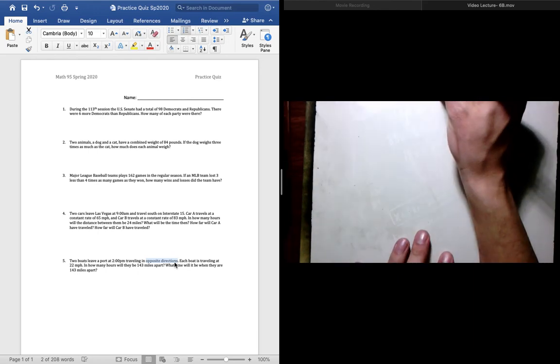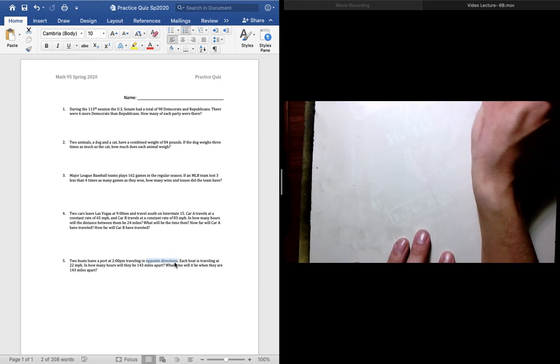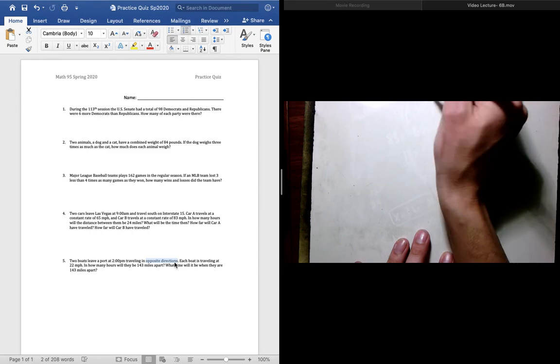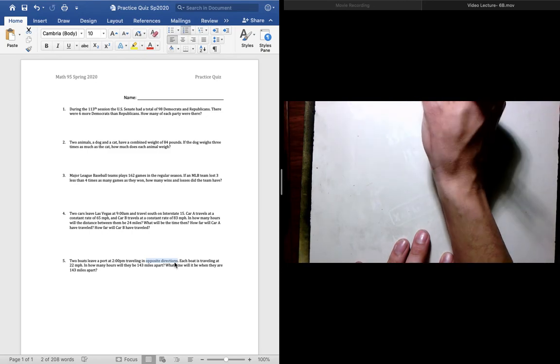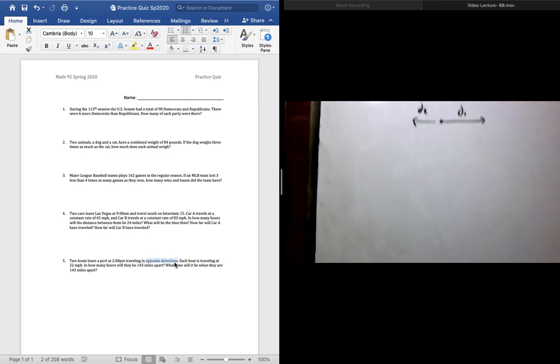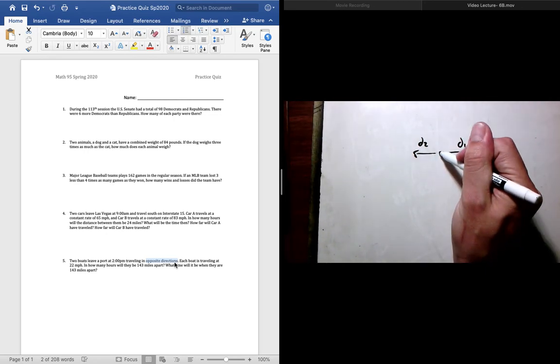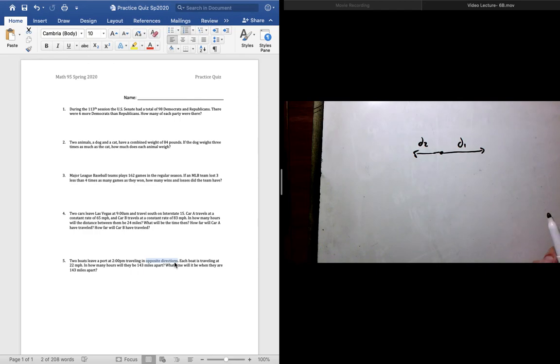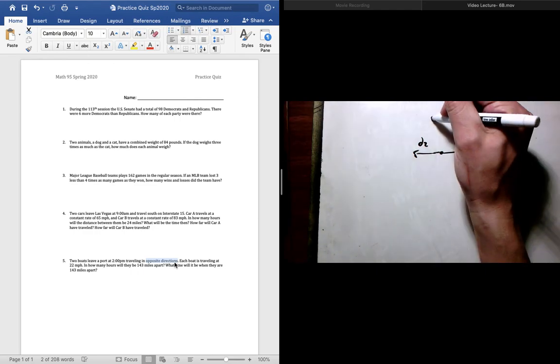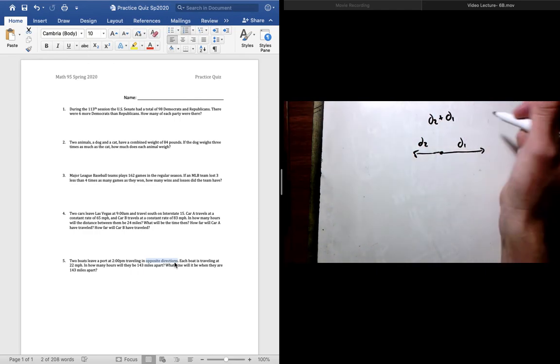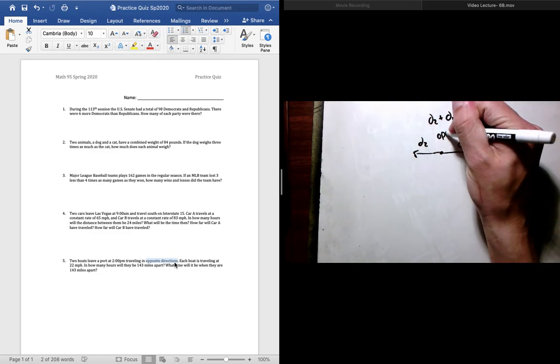So the opposite directions, if they start in one place and one boat goes this way and the other boat goes this way, for example, if one boat goes this way, I'm calling D1, and the other boat goes this way, it's distance D2. If I want to know how far apart they are, I would add these two numbers together. So this is for opposite directions.